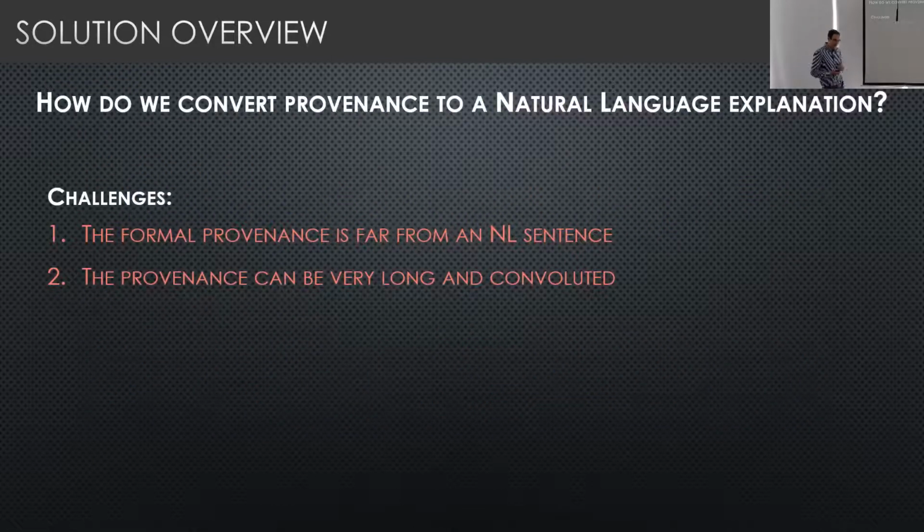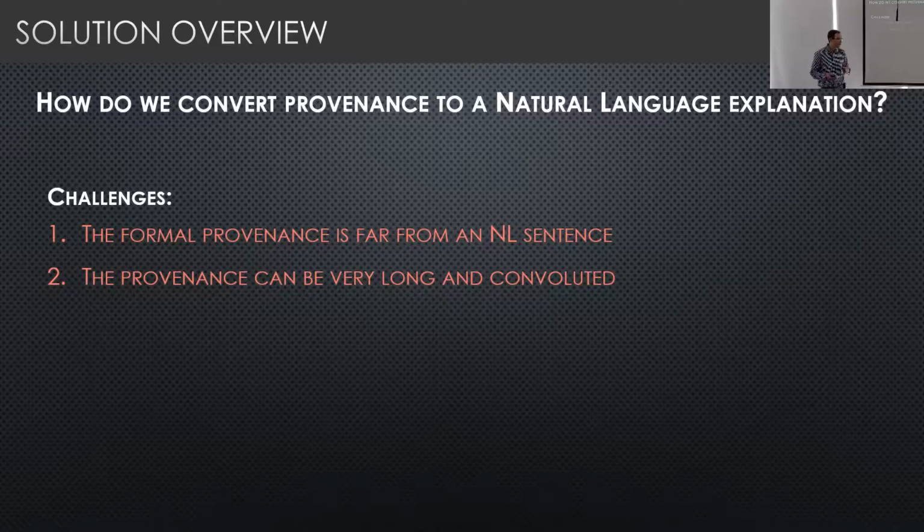So now we asked ourselves the question, how do we translate this model of provenance into a natural language explanation? And when we wanted to solve this problem, we tackled two main challenges. The first one is that the formal model of provenance, as we've just seen, is very far from a natural language explanation. And second, the provenance of even a single result can be very long and convoluted.